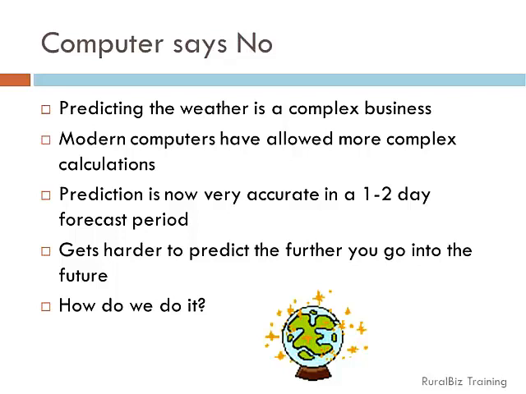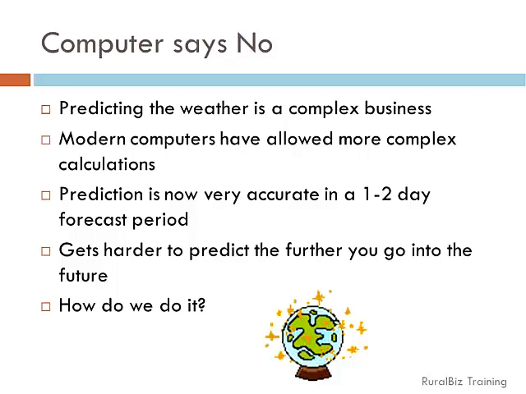Modern computing has allowed us to develop weather prediction. Predicting the weather is a complex business. The modern computers allow more complex calculation. Prediction is now very accurate in a 1 to 2 day forecast period. The Australian site, by the way, the Bureau of Meteorology site, is as good as I've seen anywhere in the world. The sort of information that you can get out of it with the radars is better than I've seen anywhere else in the world.